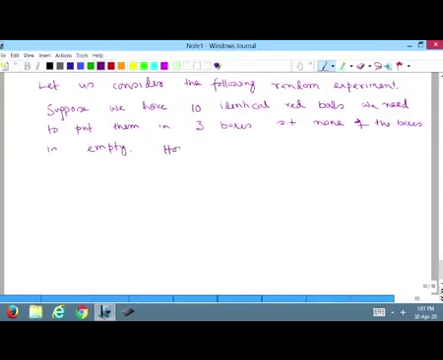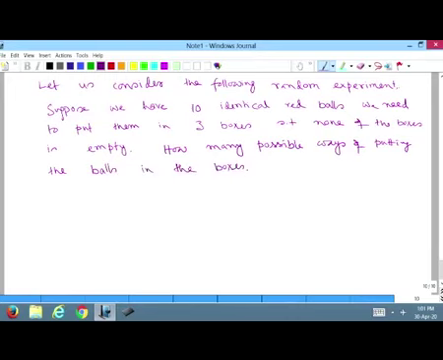How many possible ways of putting the balls in the boxes are there? So, that is the question.